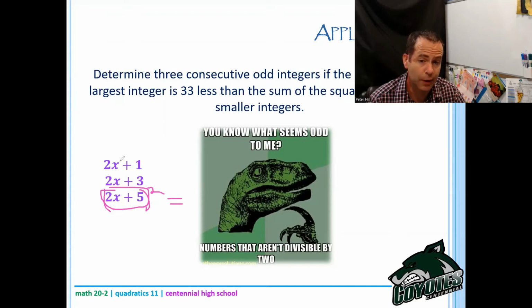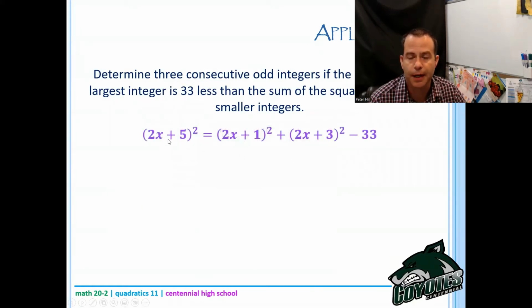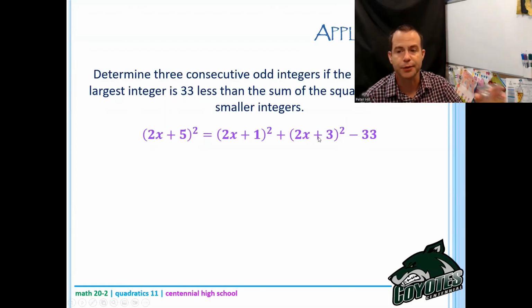So I'm going to square each of the other 2, add them together, but then it's 33 less than that, so I'm also going to have to subtract 33. All right, so here is where I ended up. I have 2x plus 5 squared equals 2x plus 1 squared plus 2x plus 3 squared minus 33.